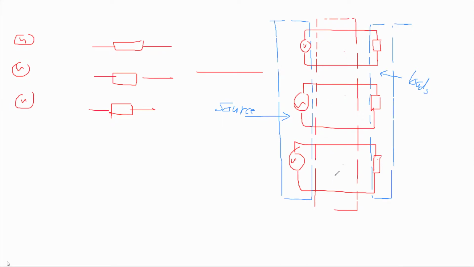The lines in between that take the power from the generator or the source to the load, we call transmission lines. They transfer the power from here to here. So each one of these is one single phase, and single phase. How many lines do we have? We have 6 lines.